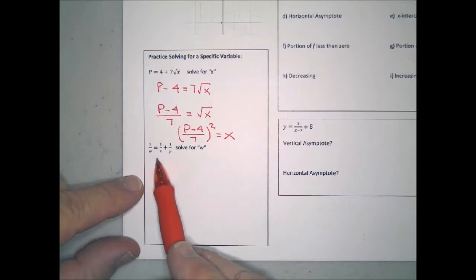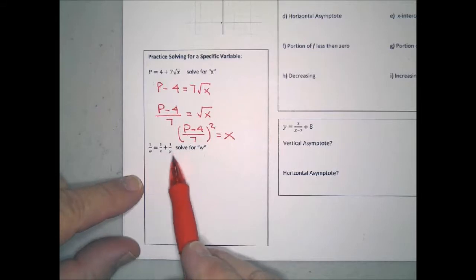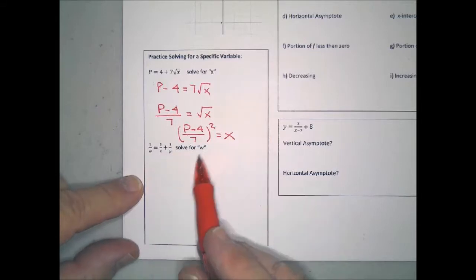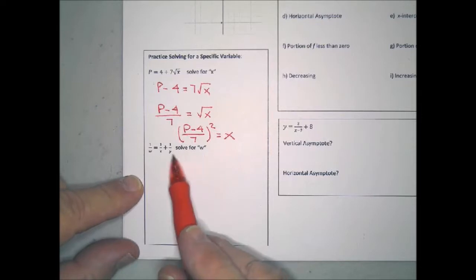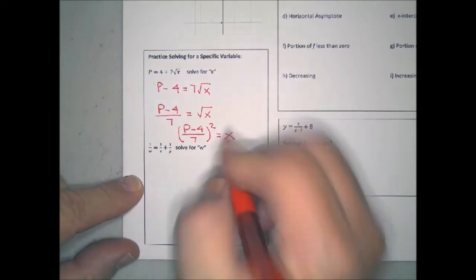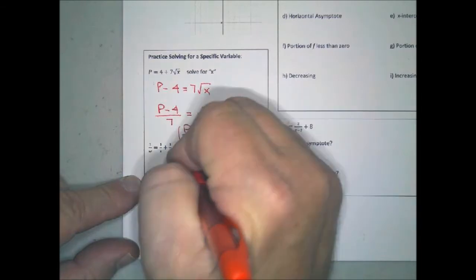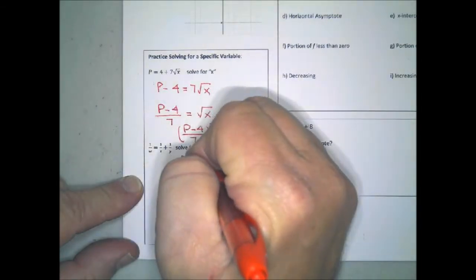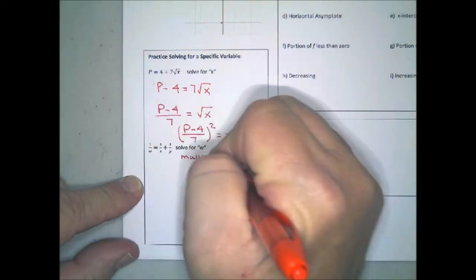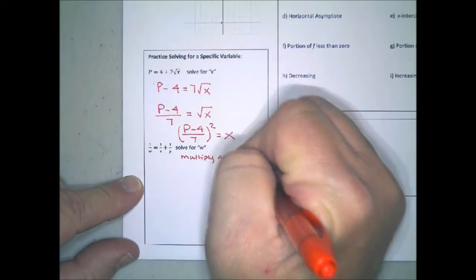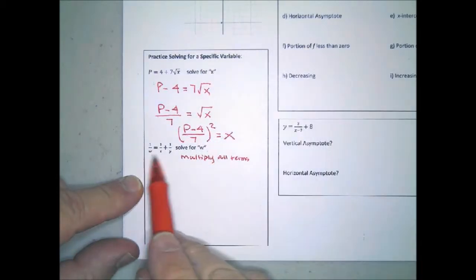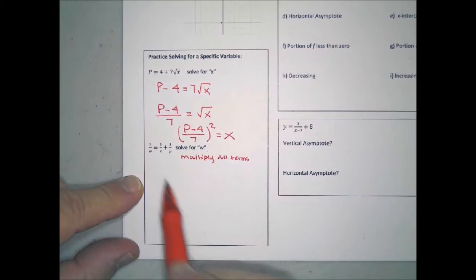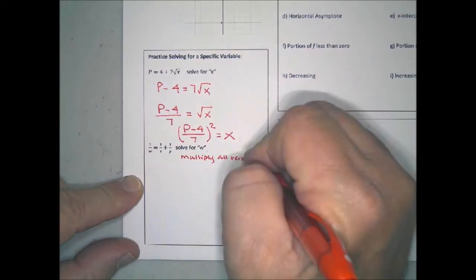1 over w equals 1 over x plus 1 over y. Solve for w. Well, what I'm going to do is multiply all terms by the common denominator of wxy.